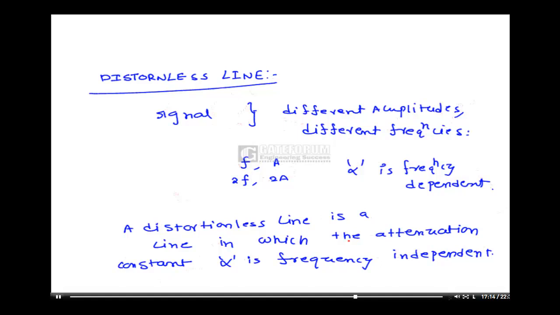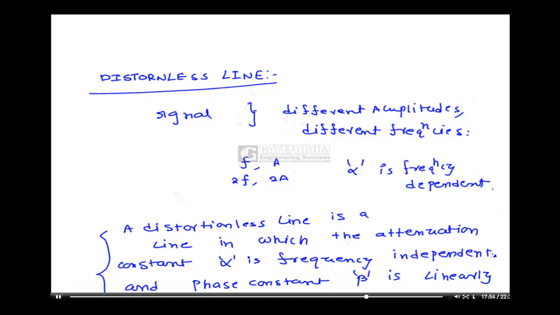So a distortionless line is a line in which the attenuation constant alpha is frequency independent and the phase constant beta is linearly dependent on frequency. If these conditions are satisfied, then we can say that the line is a distortionless line.